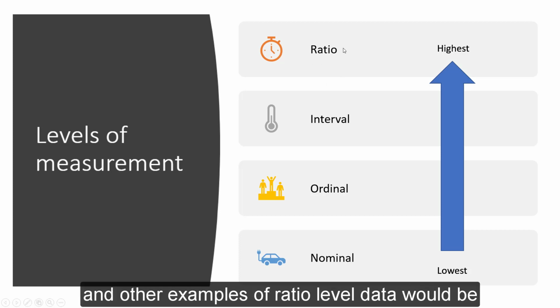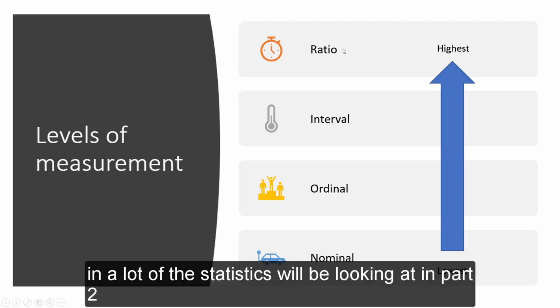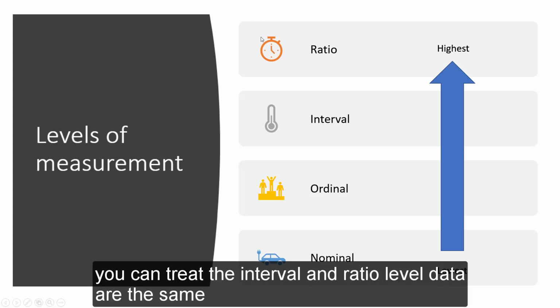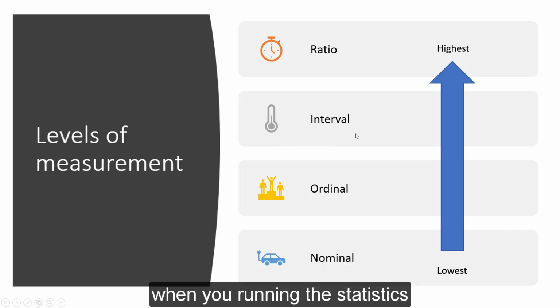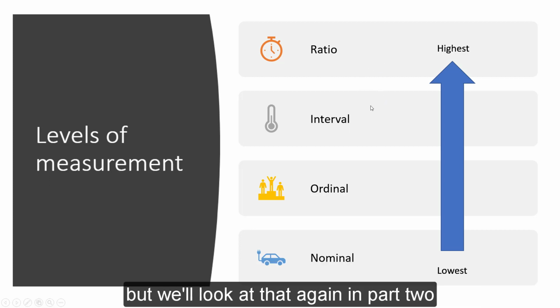Other examples of ratio level data would be reaction time in seconds, that sort of thing. Now, in a lot of the statistics we'll be looking at in part 2, you can treat interval and ratio level data the same when you're running the statistics, but you have to remember the level of measurement when you come to interpretation. But we'll look at that again in part 2.